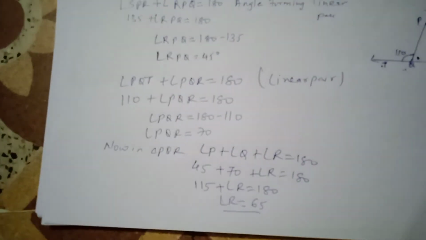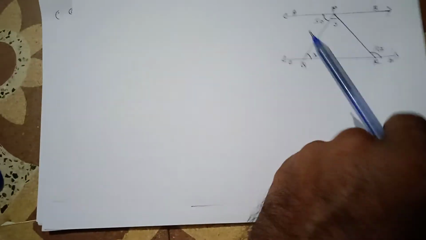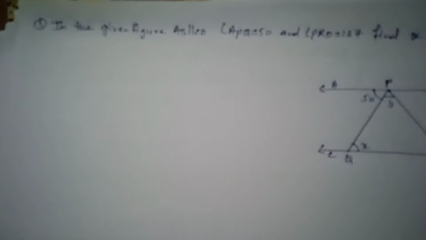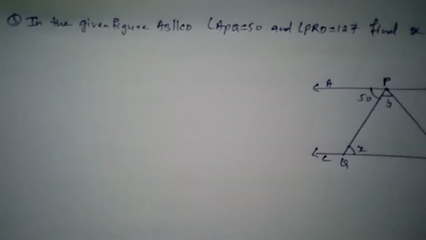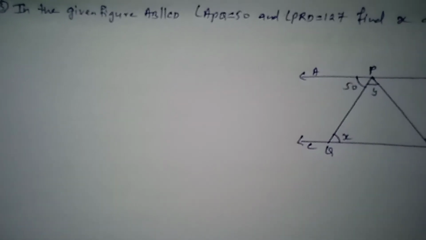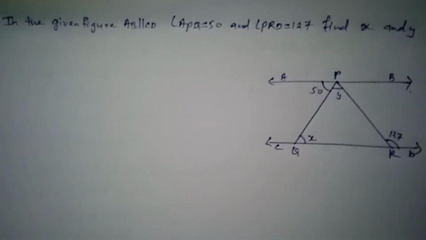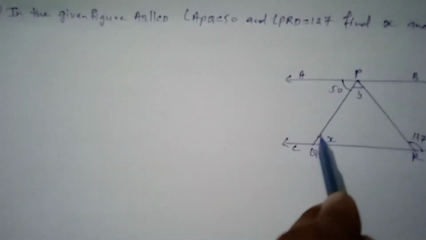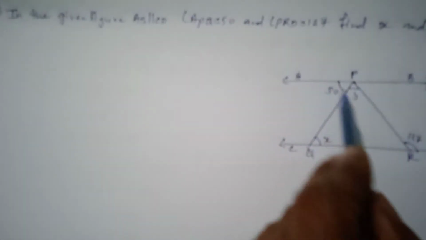Let us see one more sum. In the given figure, if AB is parallel to CD, angle APQ is equal to 50, angle PRD is equal to 127. Find angles X and Y. APQ is 50.